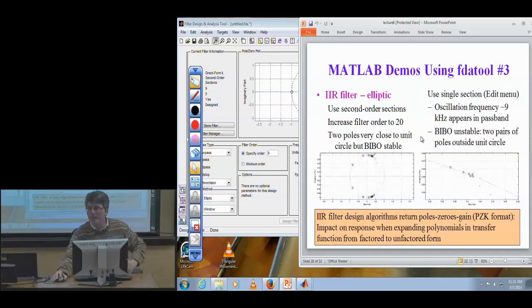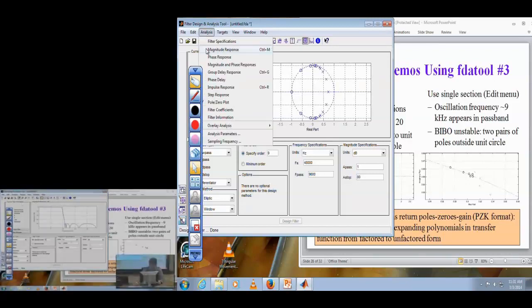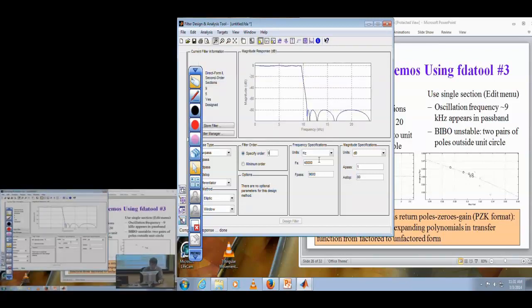Now let's increase the filter order, which was your earlier question, to 20. Why not? It should be a better filter, right? Here's the magnitude response of my ninth order filter. Here's 20. Should be better, right? Oops, something's going wrong. With more poles, you think it should be better.